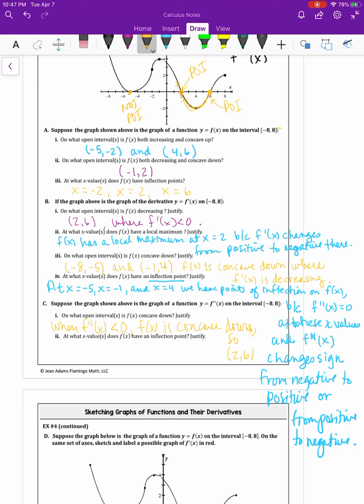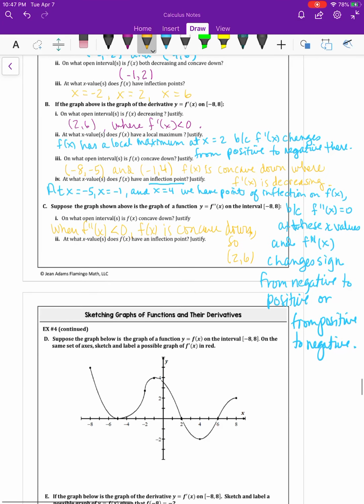And the reasoning, hopefully you'll remember, the reasoning for the point of inflection that we know is because f double prime goes from positive to negative or negative to positive. So let's write this one.